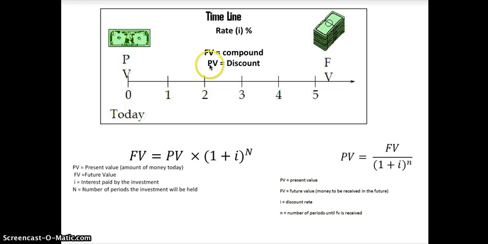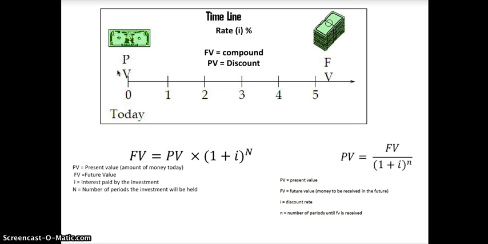Now, PV, which stands for present value, as we just talked about, sometimes you'll be asked to solve for present value, where you don't know how much something in the future is worth today. So someone might say to you, I have an investment for you. It will require you to invest $100 today, and it will be worth X number of dollars at some point in the future given a certain rate of interest.